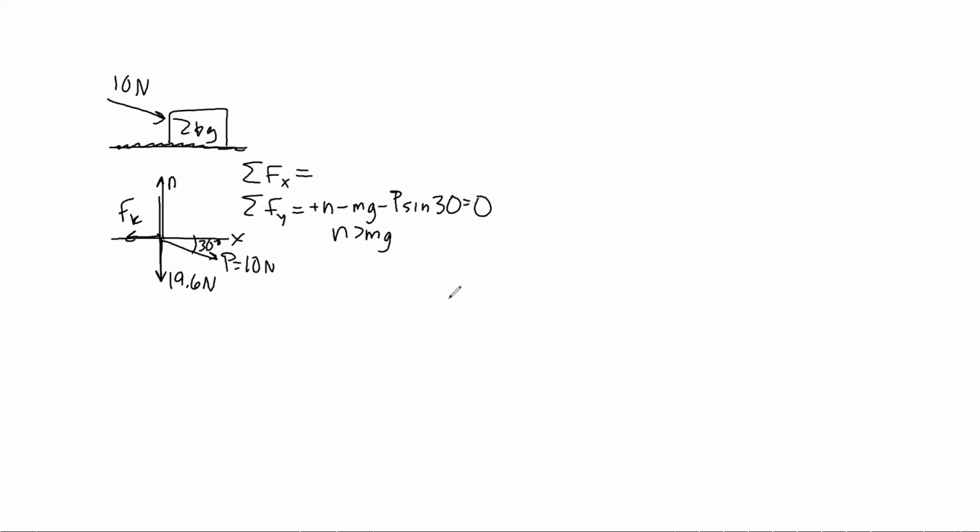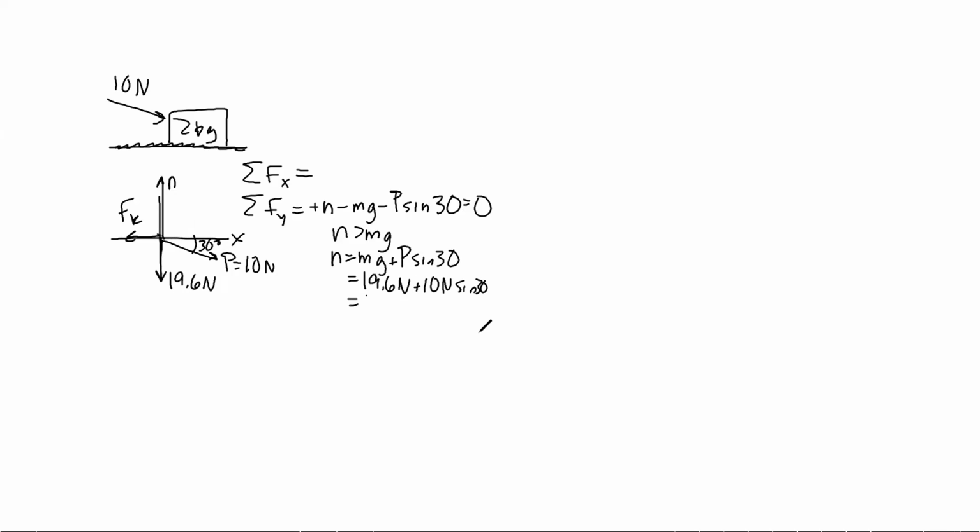So the normal force here, you heard me doing these things in my head real quick. We have mg plus P sine of 30. Sine of 30 is a half. Physics teachers always choose sine 30 because it's a half, because it's easiest. 19.6 newtons plus 10 newtons times sine of 30 is 19.6 plus 10 times half, which is 5.